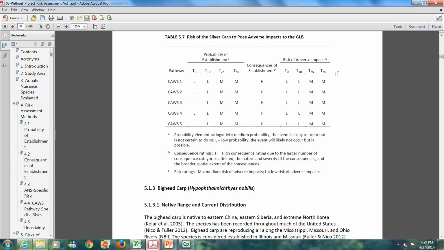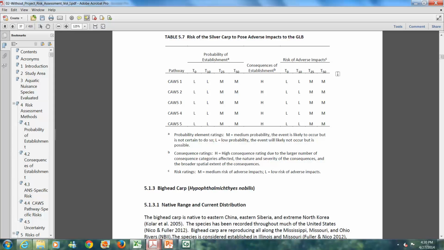In the next 10 years it would remain low, but after that the risk becomes greater. And so if you were to read through these reports, you would find that all the species that posed some sort of risk for establishment in a new watershed have been rated in this way.